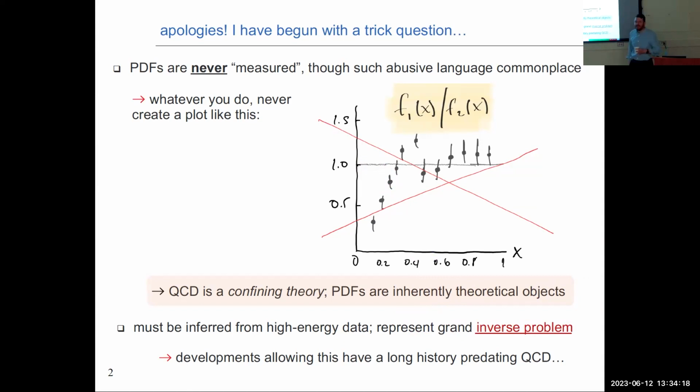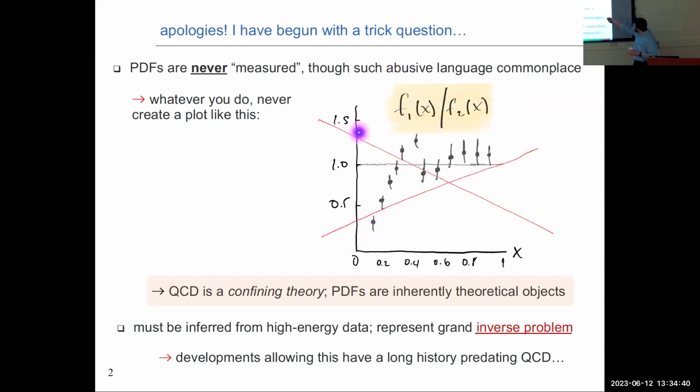And so if you get nothing else from my contribution to this meeting, one thing I would really ask is that in your future career, whatever you do, never create plots that look something like this. And this is actually not uncommon. Both theorists and experimentalists are guilty of this. And I don't take an example so that I don't hurt anyone's feelings.